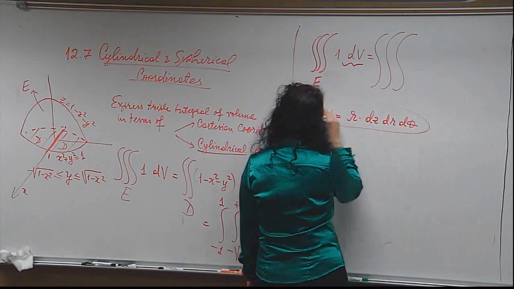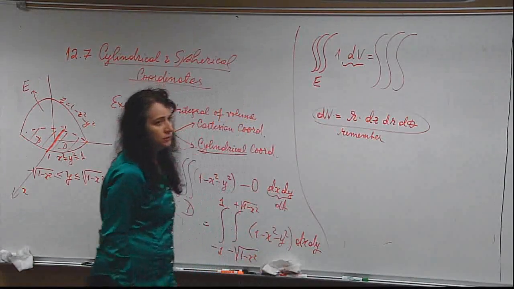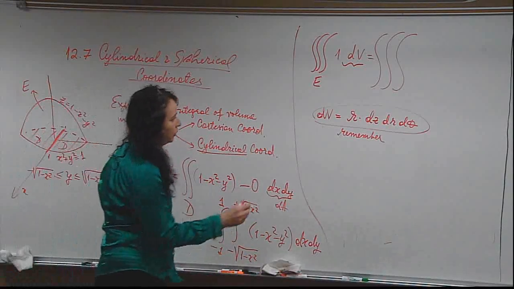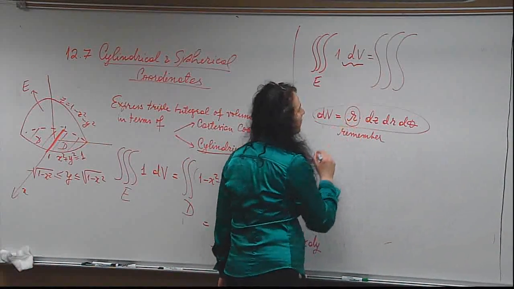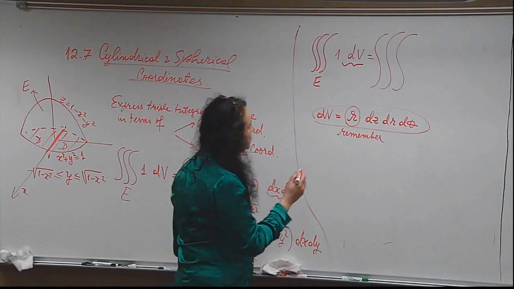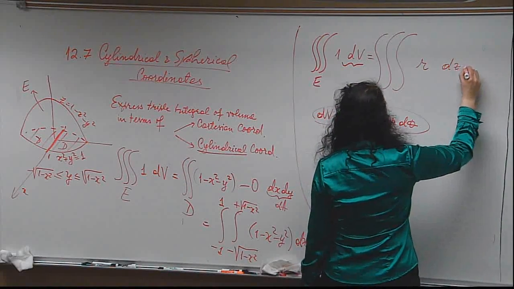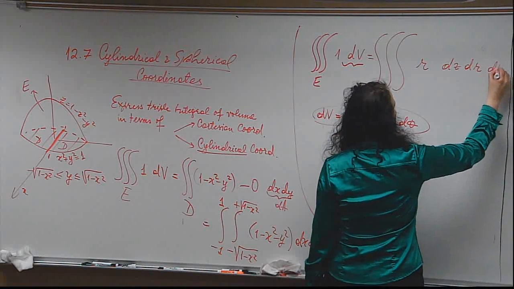Remember that, because I've seen students forget this r, the Jacobian, all the time. This Jacobian is very important. All right, so I'll put here 1 r dz dr d theta.